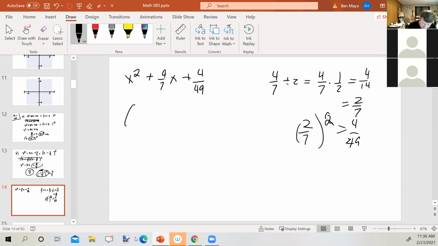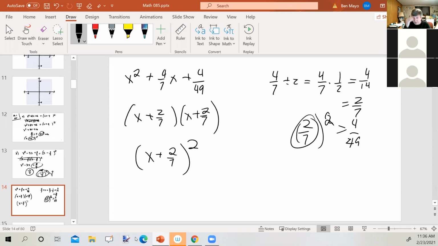Then factoring it, we get x plus 2/7 times x plus 2/7, or x plus 2/7, the quantity squared. You okay with that? I'll take that as a yes.